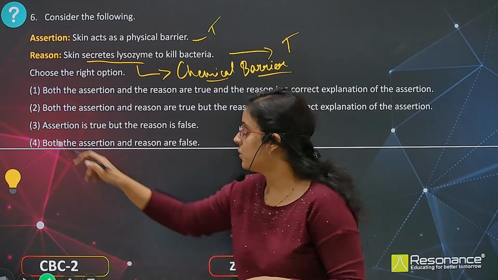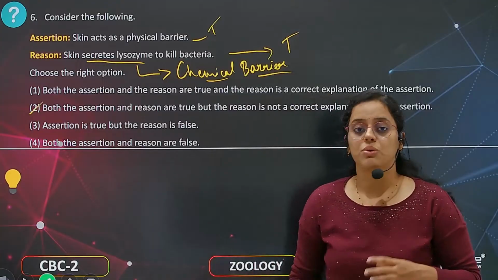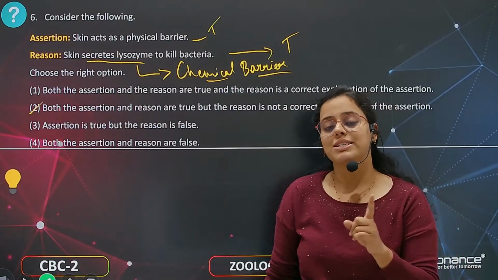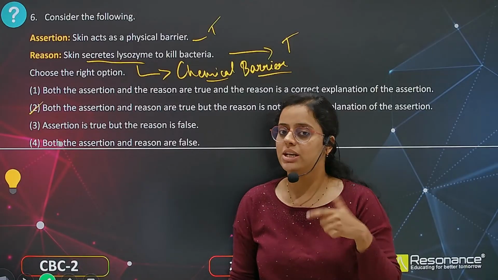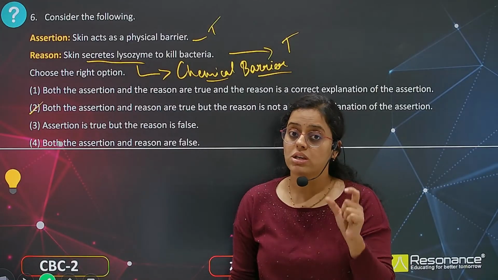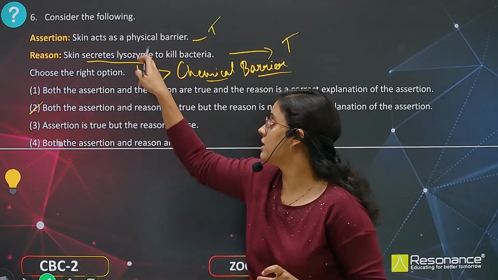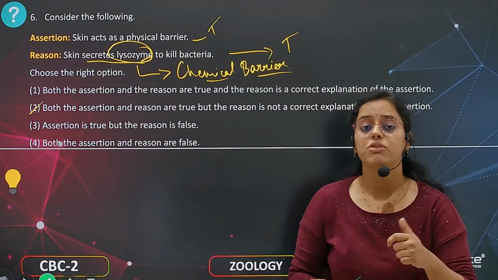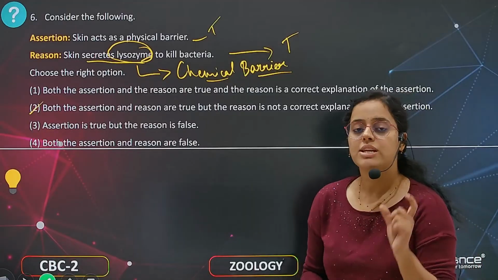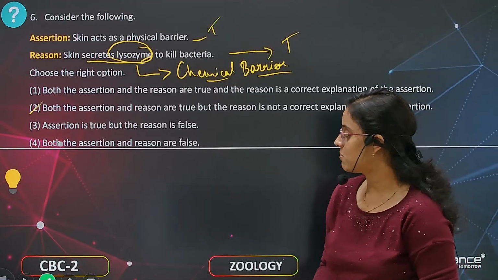So here you have to remember, skin acting as a physical barrier is a true statement. Skin secreting lysozyme is a chemical barrier. They are talking about the lysozymes, not the skin. When chemicals are present, it is a chemical or physiological barrier. So assertion and reason are true, but not a correct explanation.